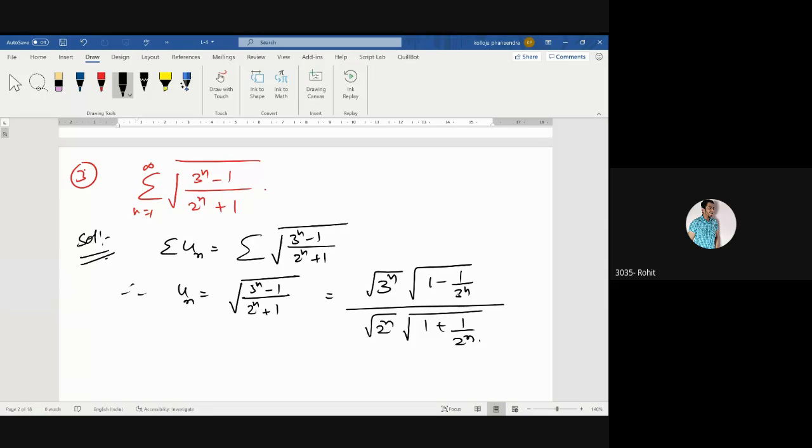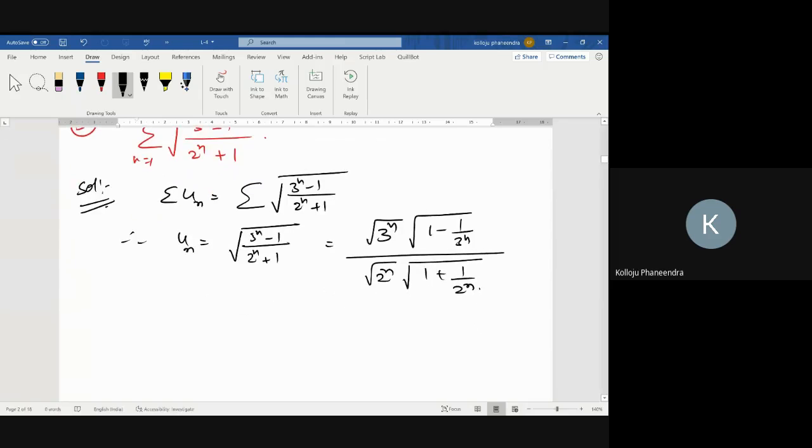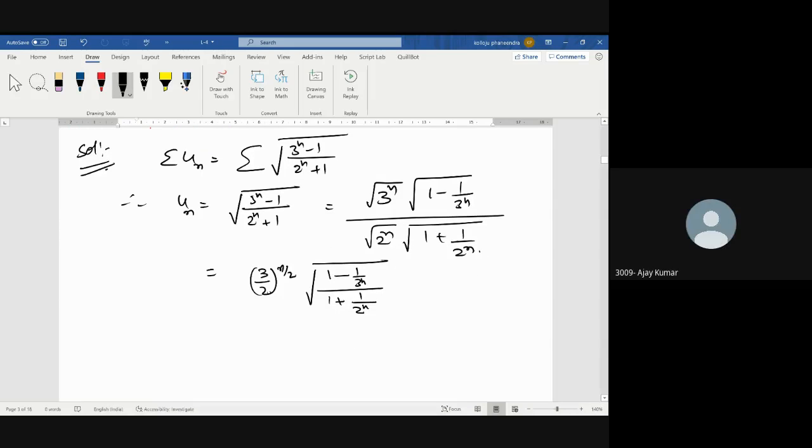So I can write this as 3 by 2 whole power n by 2 for this part. Is it correct? Any mistake or any corrections? Correct, sir.